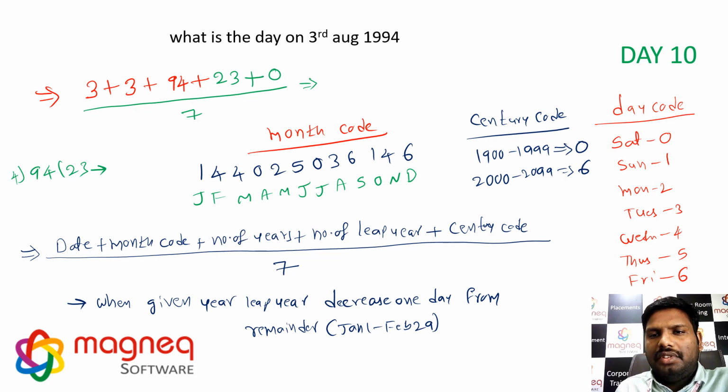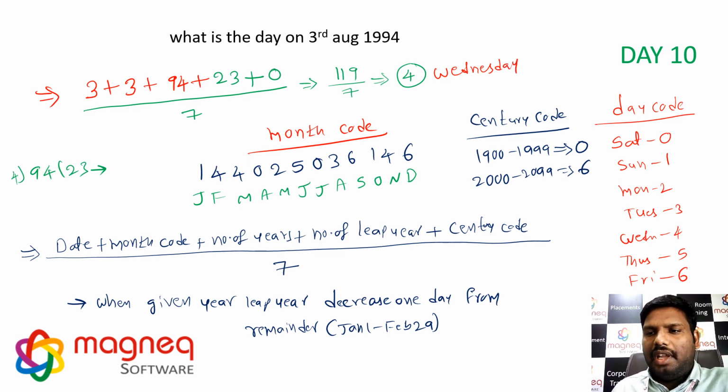Total sum 119 by 7. Remainder 4. 4 means Wednesday.